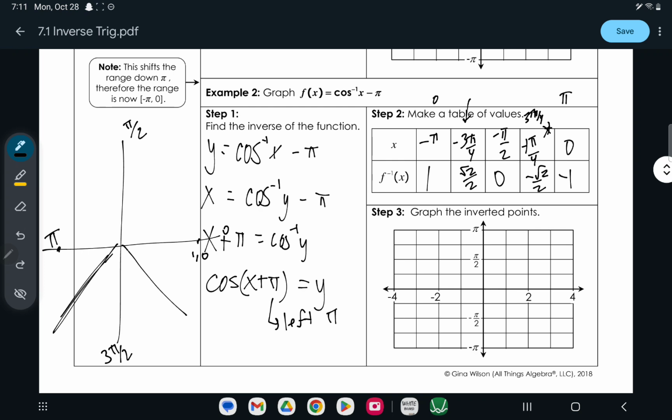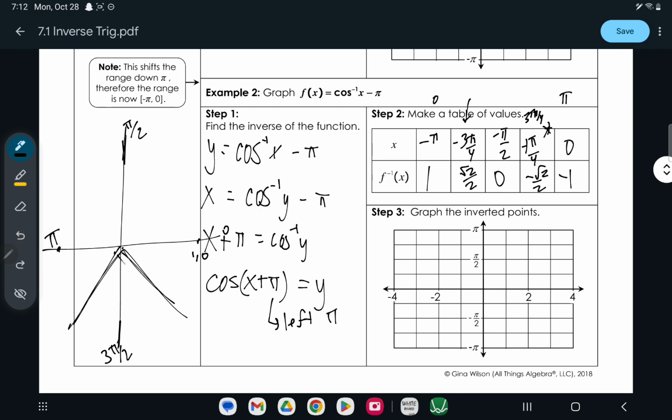But even then, though, negative 3 pi over 4 is not. 3 pi over 4 is here, so mirror image would be here. And then pi over 2, but then negative pi over 2, and then negative pi over 4 is this.